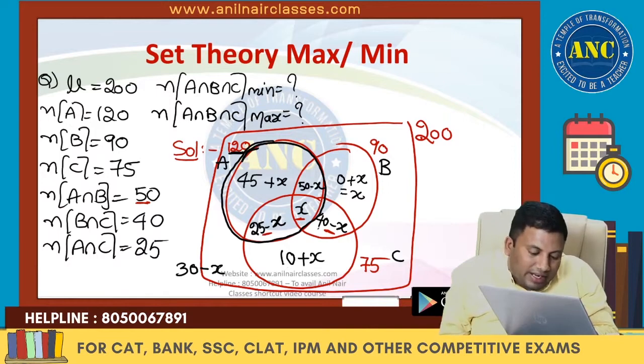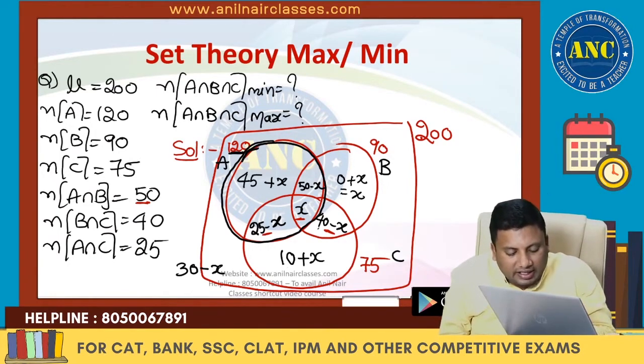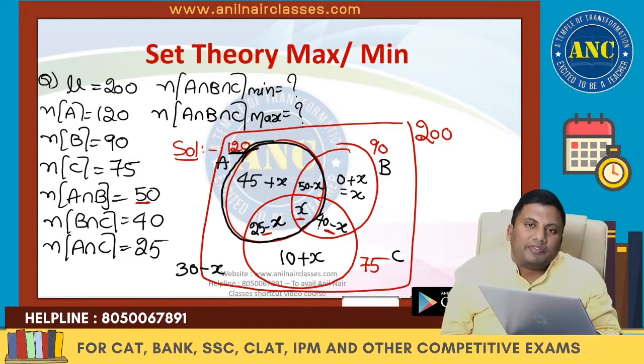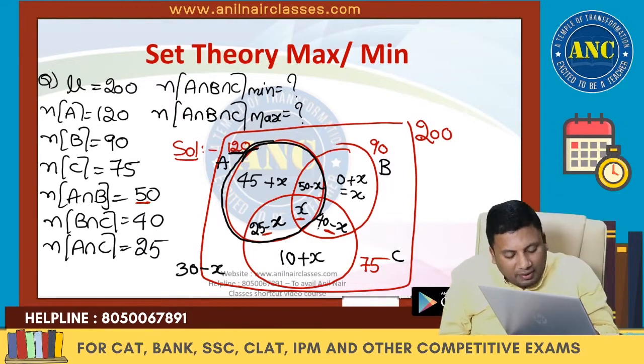There are 2 negative X, there will be 2 positive X. For 90, 50 plus 40 is 90, nothing is left, 0. There is 2 minus X, so there will be 2 plus X. 25 plus 40 is 65, remaining is 10.